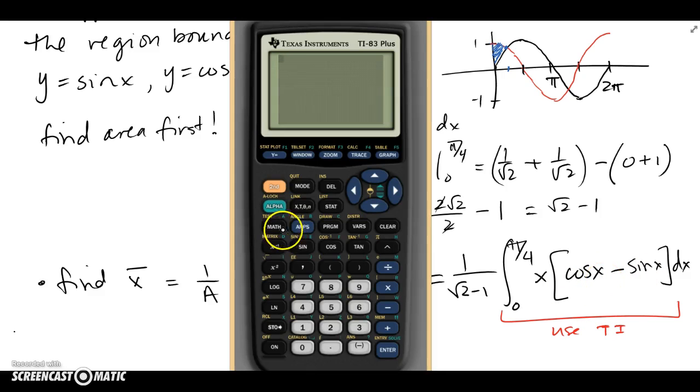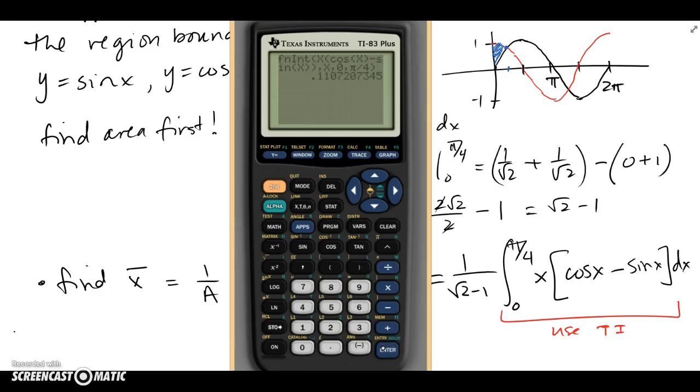So let's go put this in. Math 9, I have x times that quantity: cosine of x, minus sine of x, close your parentheses and close them again because you had opened it here to multiply the x through, comma x, comma from 0, comma to pi/4.